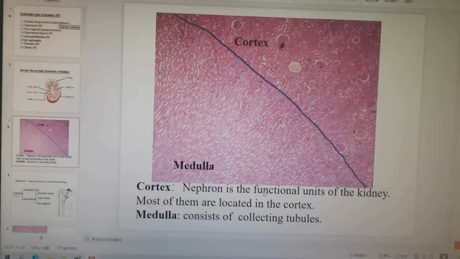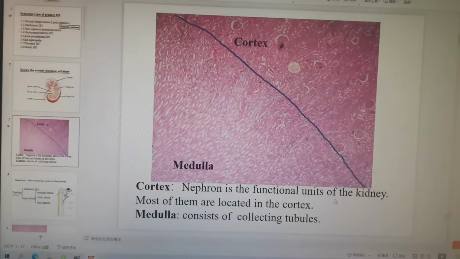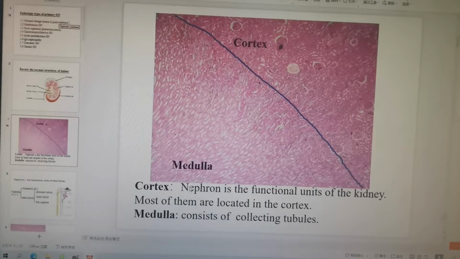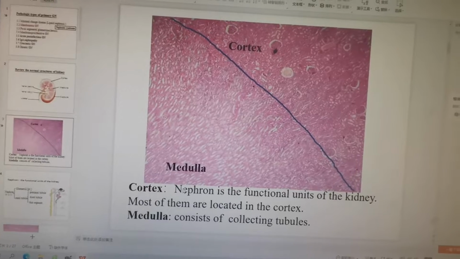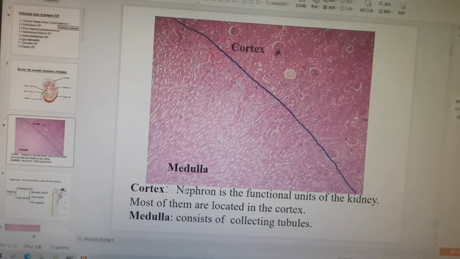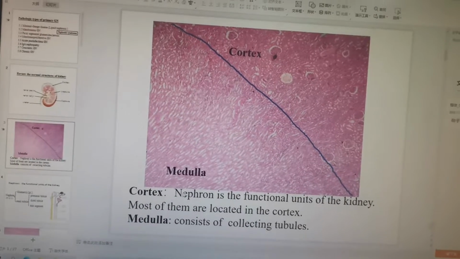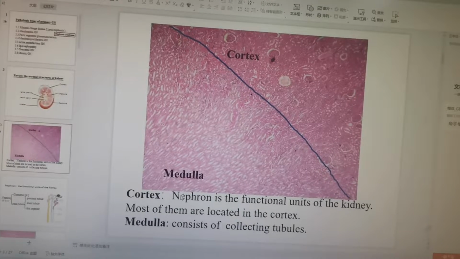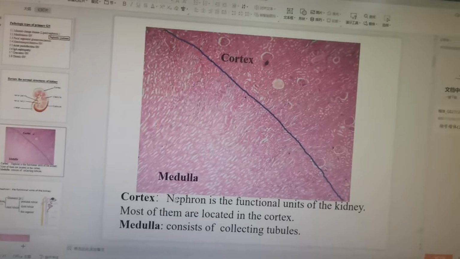Do you know what the functional unit of the kidney is? The nephron, right? It's the smallest unit in the kidney, where filtration takes place.